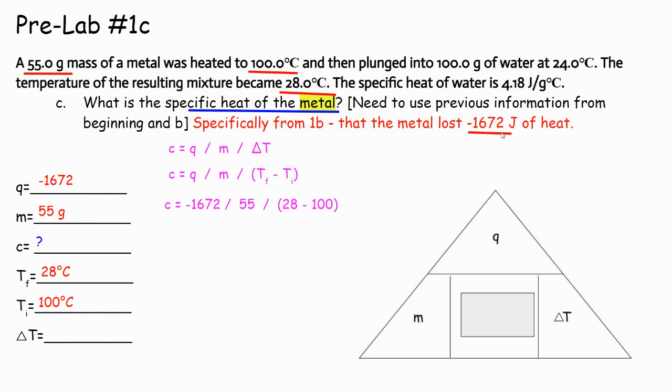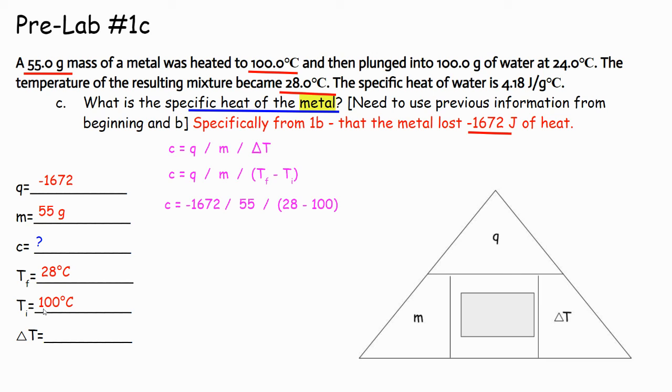Our delta T, our change in temperature, is also negative because you can't have a negative specific heat. If we didn't have a negative delta T, we would end up with a negative specific heat, and that doesn't work. It is a negative delta T because remember the initial temperature of the metal started off really hot.